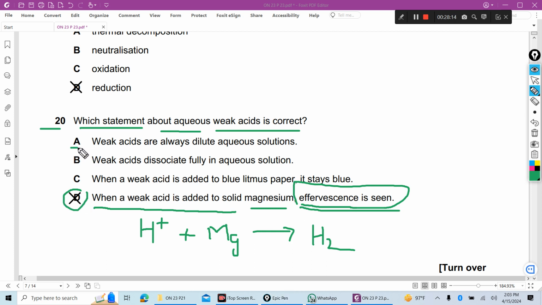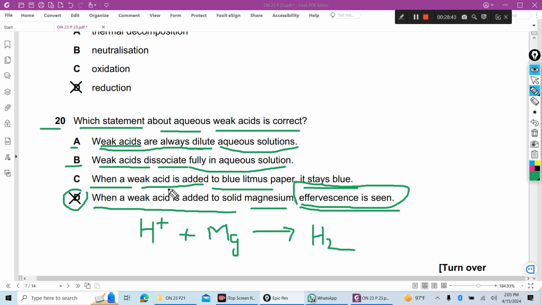A is the wrong answer. Why? Weak acids are always dilute aqueous solutions. No, weak acid ionizes partially. This is not true. B, weak acid dissociates fully. No, weak acid dissociates partially. C, when a weak acid is added to blue litmus paper, it stays blue.